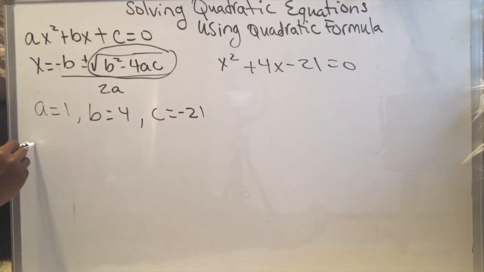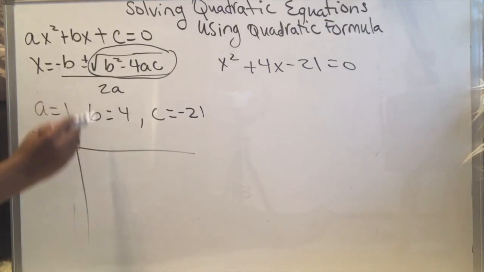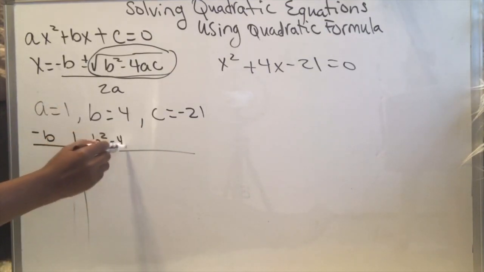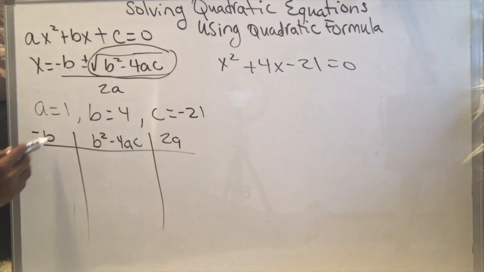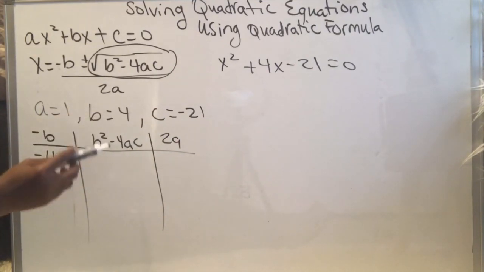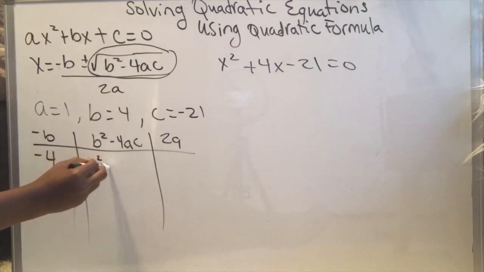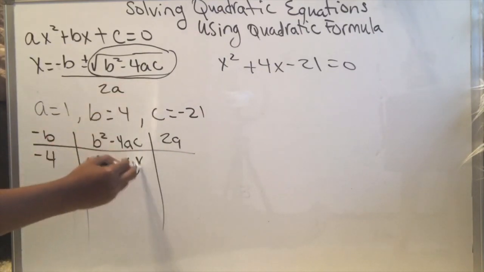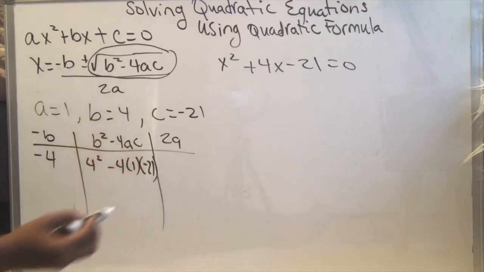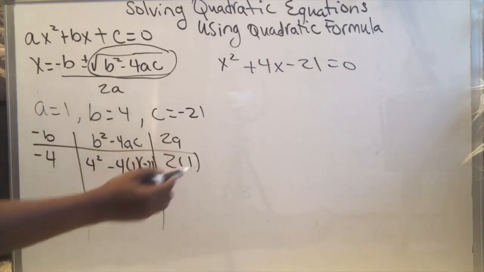I do my chart: negative b plus or minus the square root of b squared minus 4ac, all over 2a. So negative b is negative 4, because b is 4. B squared is 4 squared, minus 4 times 1 times c, which is negative 21. And my 2 times 1 is a.